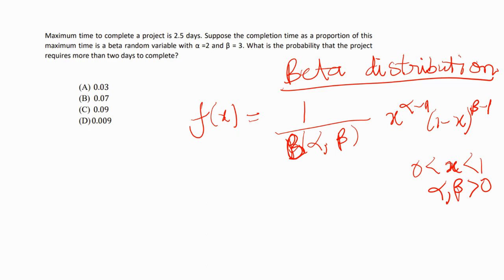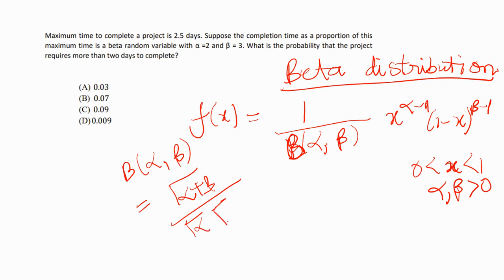B(alpha, beta) is defined as gamma(alpha) gamma(beta) divided by gamma(alpha plus beta). So this is its PDF.